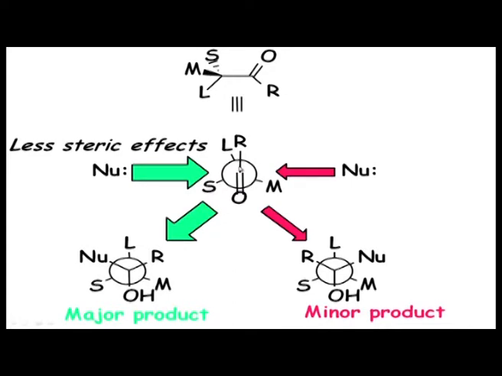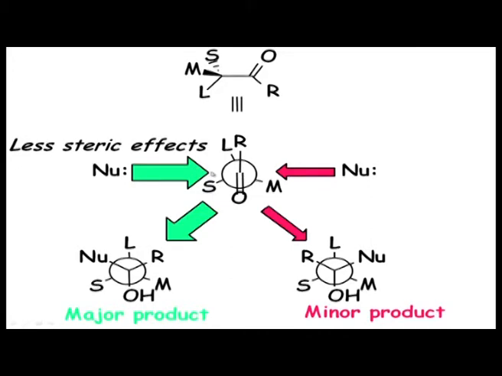According to the Bürgi-Dunitz principle, the hydride should approach at an angle of 107 degrees. So, it approaches from an angle like this. If that happens, then R goes to the right side.